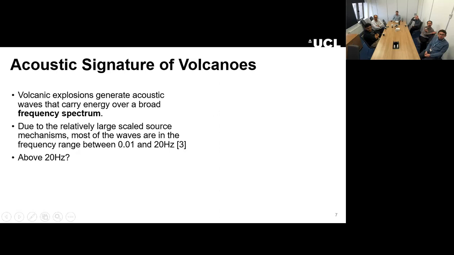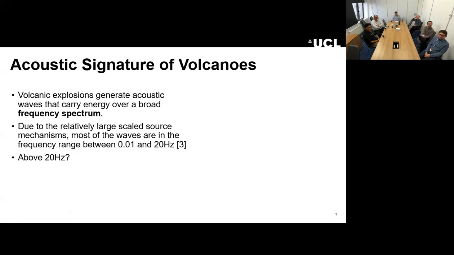And in the frequency spectrum, volcanic explosions tend to generate acoustic waves with a broad frequency spectrum. The most common way to detect these eruptions is focusing on the infrasound waves, which are between 0 and 20 hertz. And our initial question was, what about the sound that we can hear?